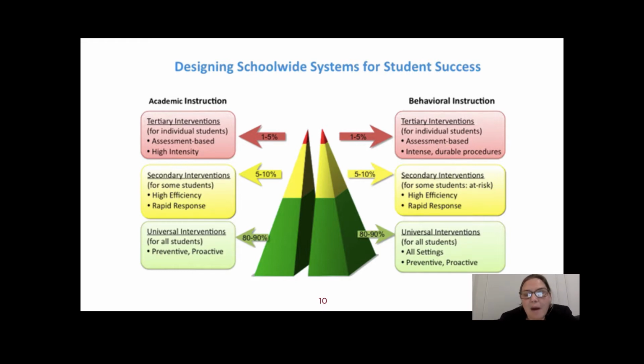And then finally, about 1 to 5% of students would need a high level of intensity intervention in order to make adequate progress. Typically, these can be school or classroom-wide systems.